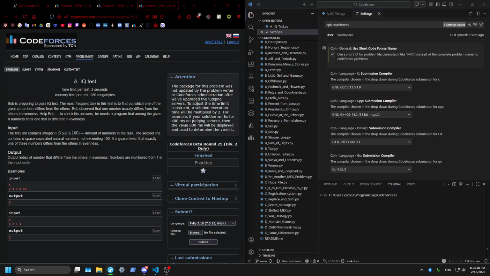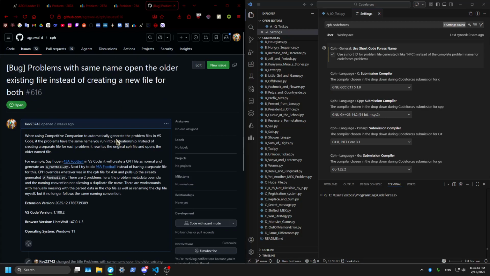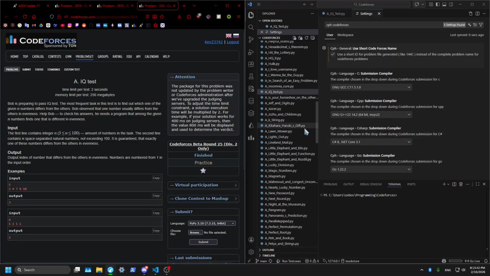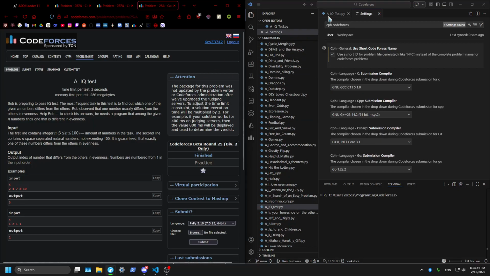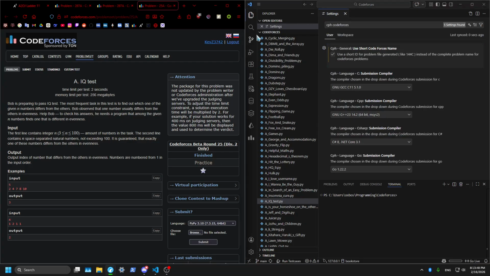I've made an issue about this a little while ago. This is my bug report of duplicate names. I don't think anyone has looked at it, so that's a little bit annoying. But for now, I'm just gonna regenerate these. It's gonna be a pain, but whatever.